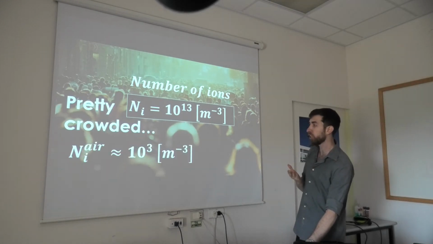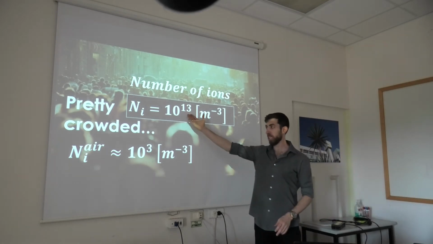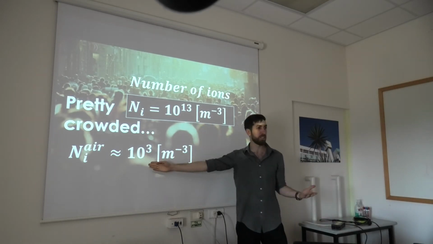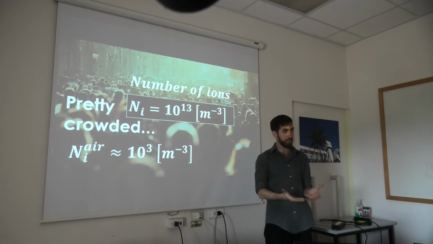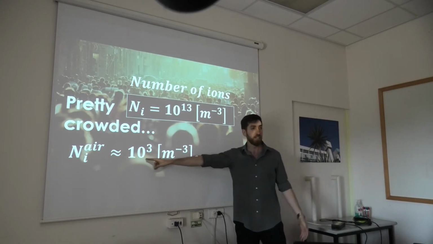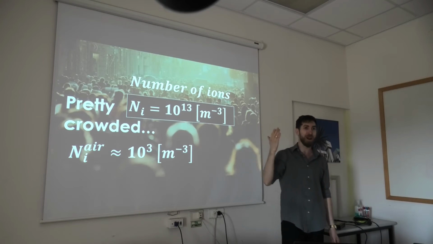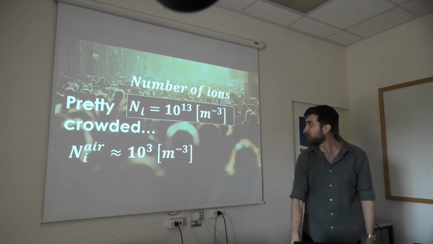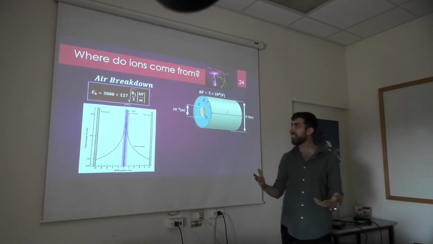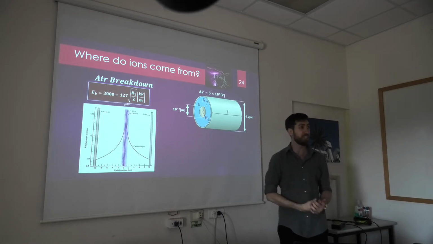So how do you actually reach this number, especially in a normal situation, when a cubic meter contains only 10,000 ions, but we want 10 orders of magnitude more? The solution to that is lightning, or what's called corona discharge.